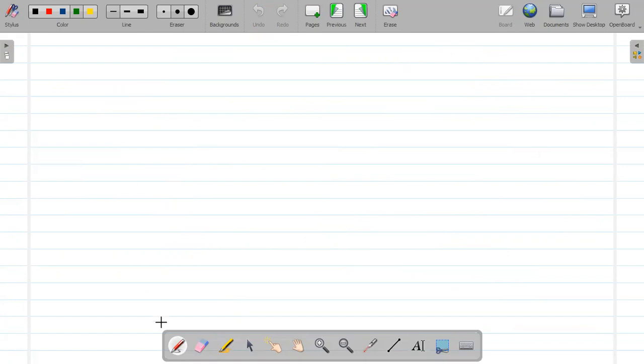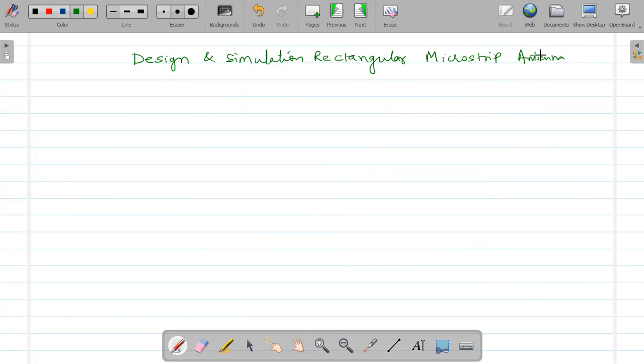The title is design and simulation of a rectangular microstrip antenna, and we can say actually patch antenna. It's also known as a patch antenna.